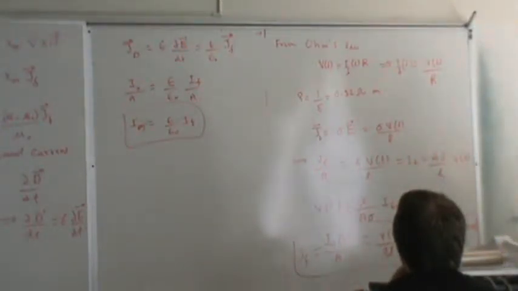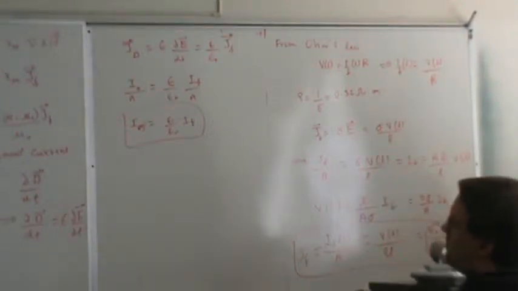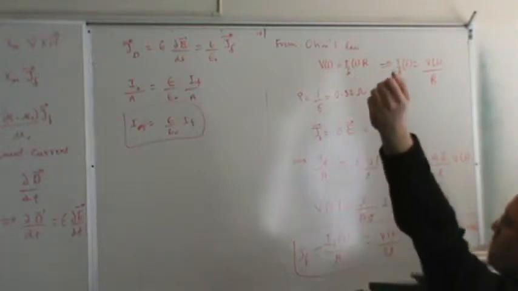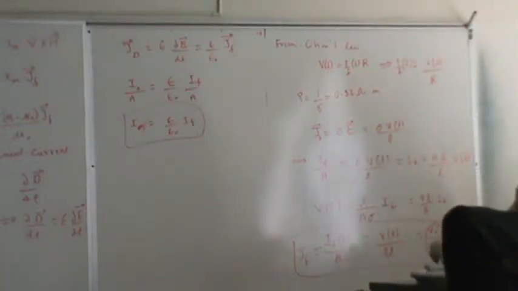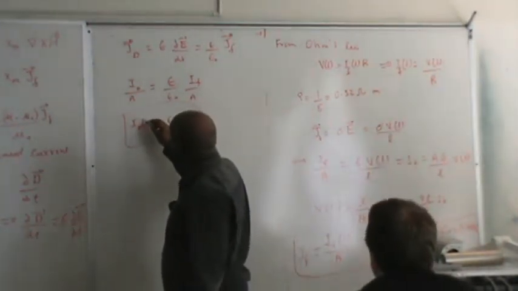The question is to find the amplitude ratio, right? What is the ratio of the amplitude of the conduction current to the displacement current? So this should be a function of time.